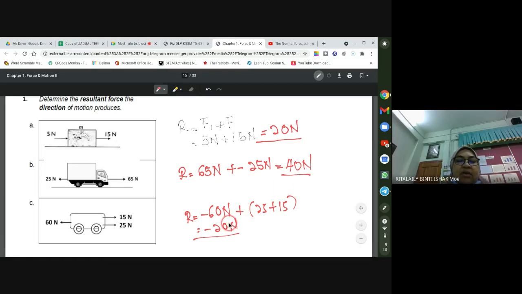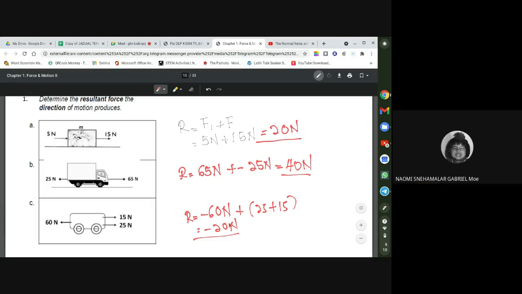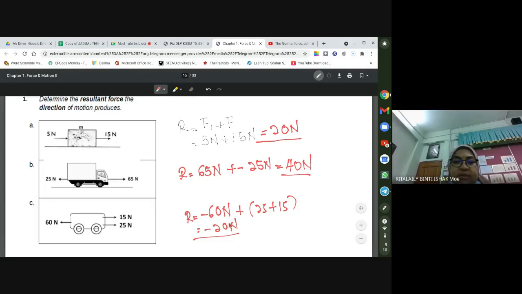Okay, and as for 1C, which direction is the acceleration? Naomi. Naomi, so for 1C, which direction is the acceleration? To the left, teacher.